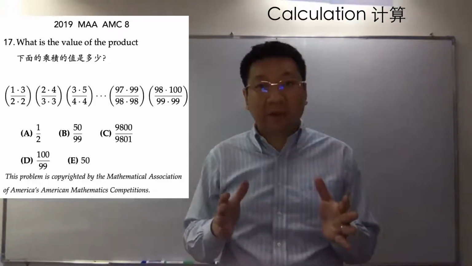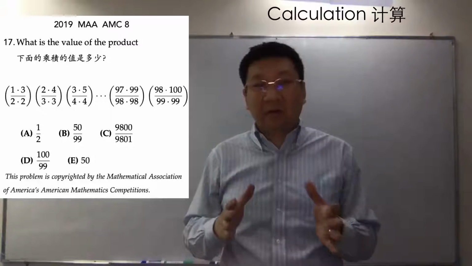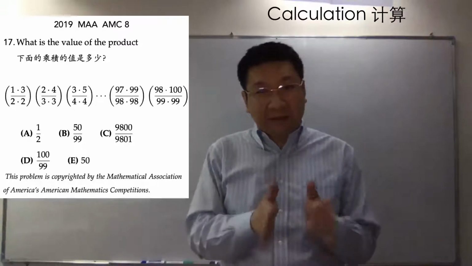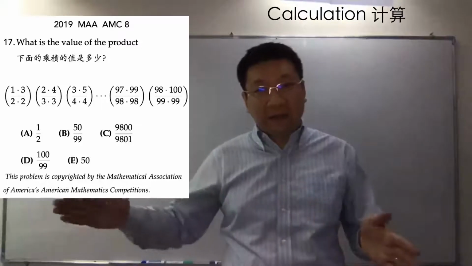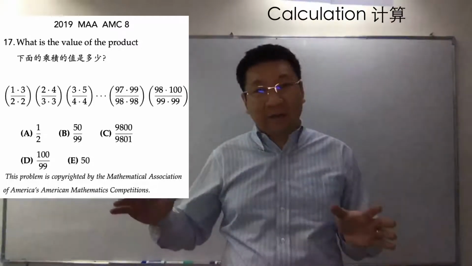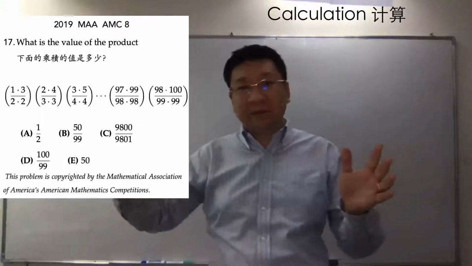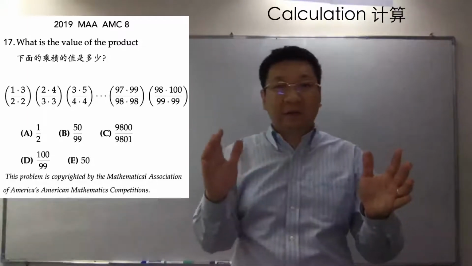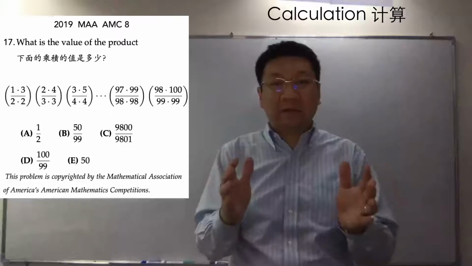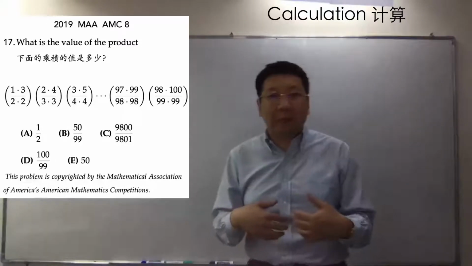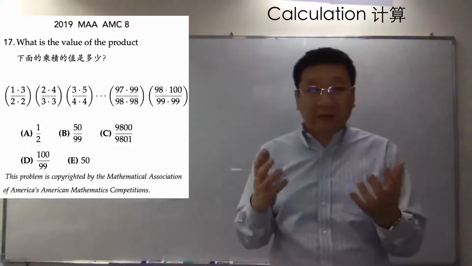It's called telescoping. So normally we should have some cancellation between adjacent terms so that in the end we only have a few terms at the start and a few terms in the end. So then we just finally do a standard calculation. So that is the way we solve such questions.